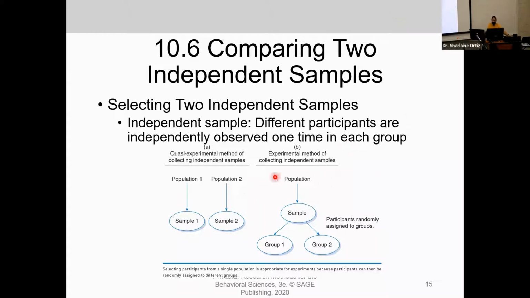And if we keep with this illustration at the bottom right of your screen, notice that we had the larger population and we drew our sample from that larger population. Later, I have the responsibility to assign them randomly into group 1 and group 2.